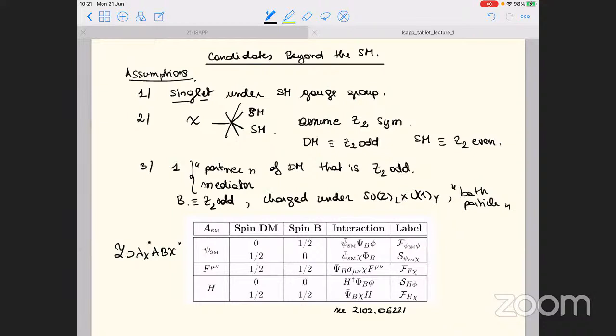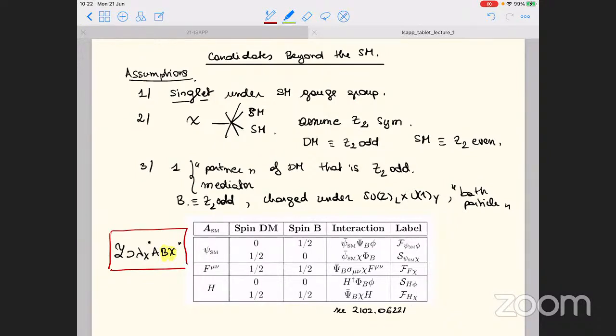Okay, and what I'm going to assume essentially is that there exists in my Lagrangian at the very least one interaction term between my bath particle that I just introduced, which is Z2 odd, and the dark matter, which is also Z2 odd, so B times chi, essentially.